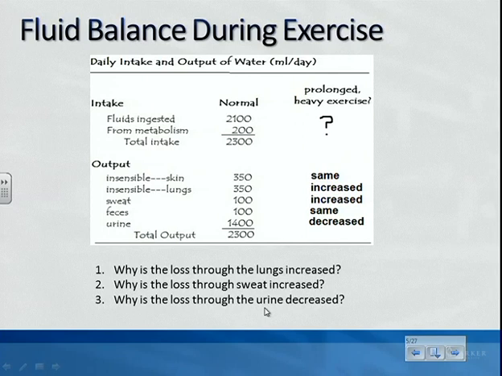Yes? There's going to be a contribution. You've got 200 coming from metabolism. Shouldn't there be an output going towards the normal functions of the cells in the body? Like, you have an intake from metabolism, so you're getting it from the cells breaking them down. Shouldn't there be something from the output going into those cells?